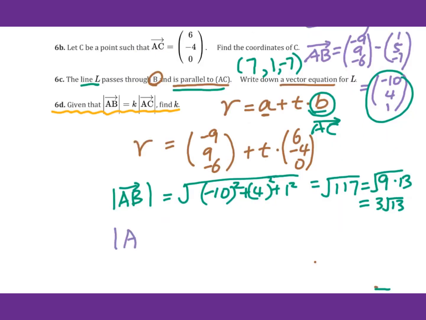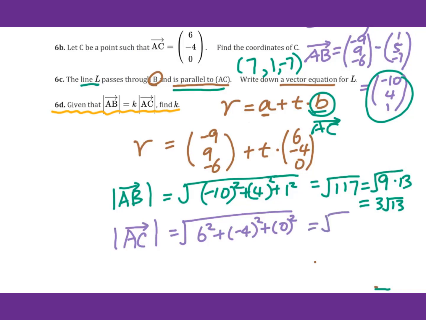For the magnitude of vector AC equals square root of 6 squared plus negative 4 squared plus 0 squared. You will get square root of 52, which means square root of 4 times 13.